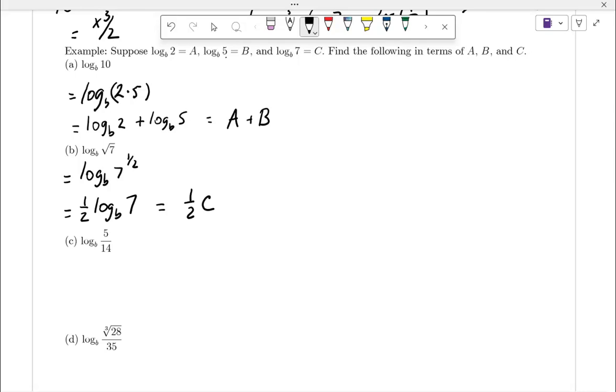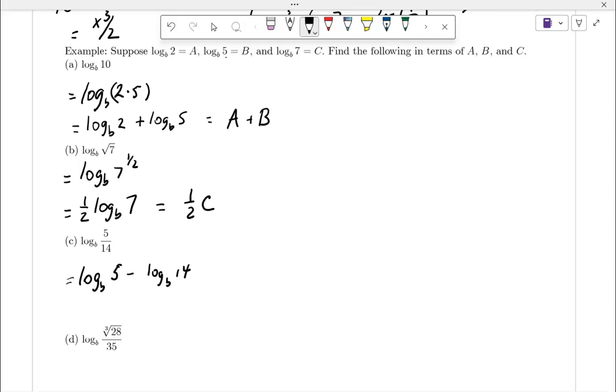All right. Let's look at the next one. What do you notice first on the inside? Division. How can we rewrite division? Subtraction. So this will be log base b of 5 minus log base b of 14. Log base b of 5, that's capital B, right?